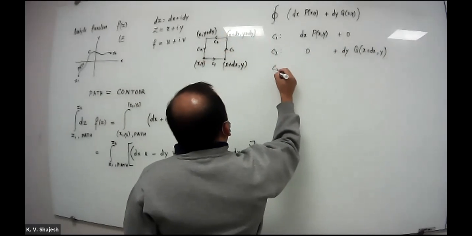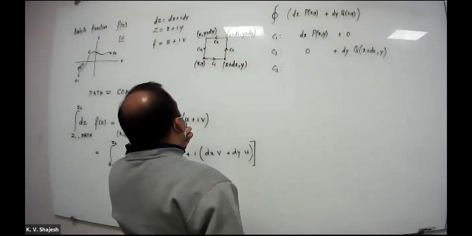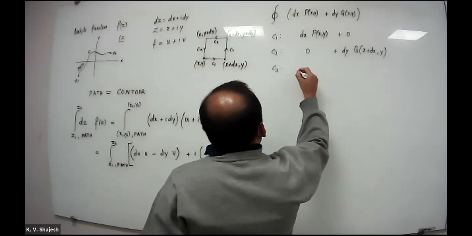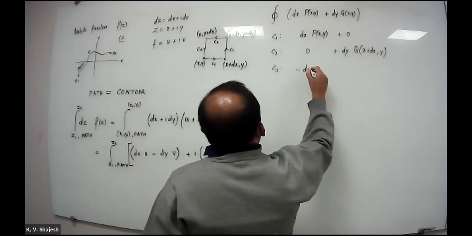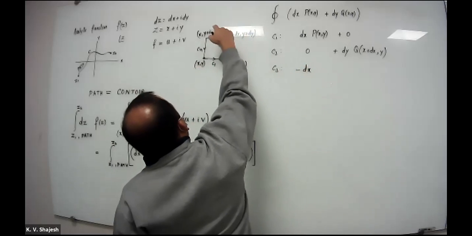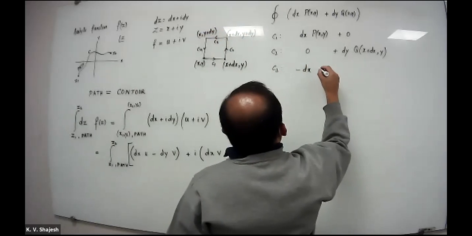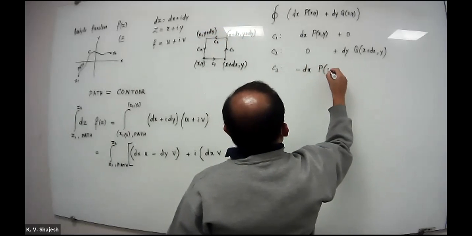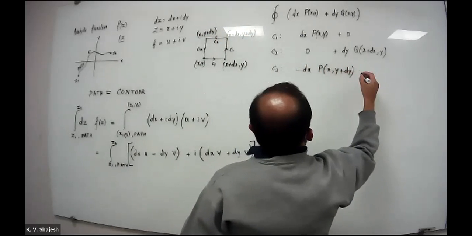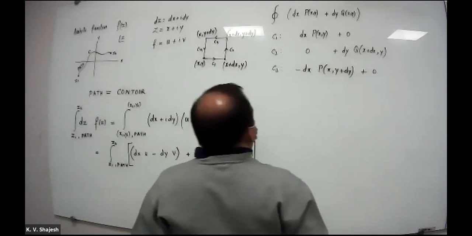And C3, same thing. Now it is minus dx. So this is minus dx, and I have to evaluate it at this point, but this time I would choose to evaluate it there. So this is p of x comma y plus dy. And dy stays the same, so it's 0.